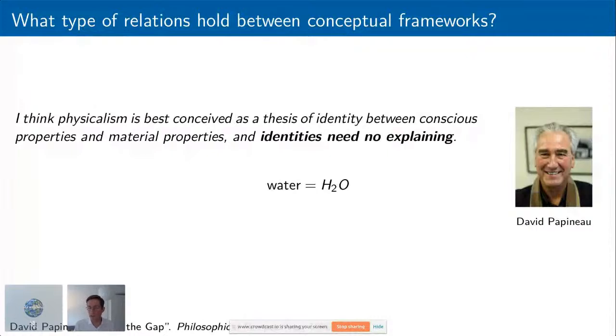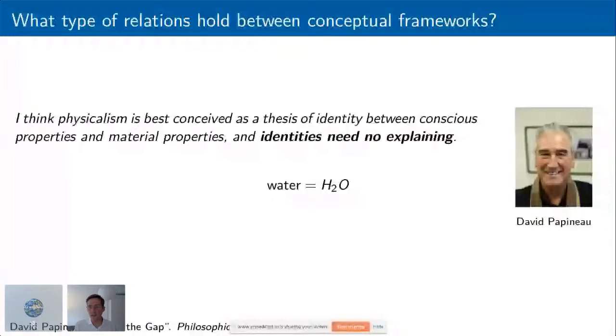And then it all makes sense to you. Once you know that H2O and water are the same thing, it doesn't make sense anymore to ask why. You can reasonably ask, why didn't I know that before? Or why did I believe they were not the same? But once you have established that there's an identity between water and H2O, you have reached the deepest level of understanding that there is.